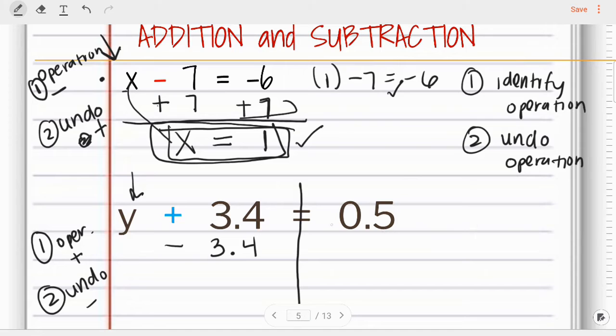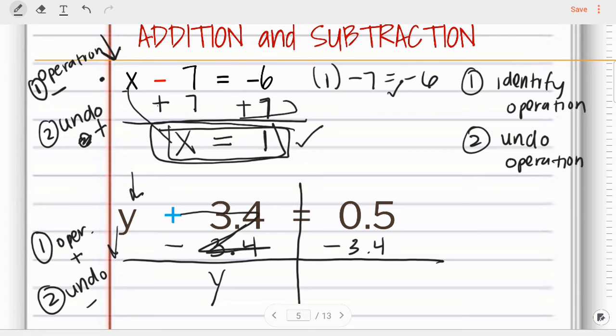And remember, I've got to keep my scale balanced, so if I do it on the left side of the scale, I need to do it on the right side. And I'm going to simplify. If I add straight down, nothing's happening with my y, so I'm going to bring it down. 3.4 minus 3.4 is 0, so I'm going to put a big Z for that equals 0.